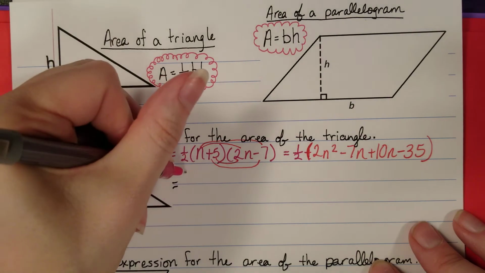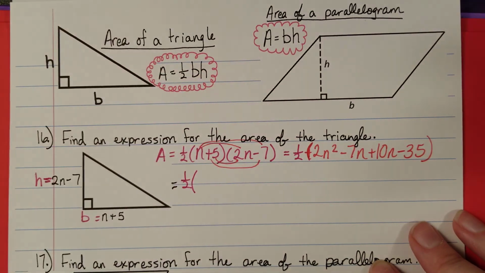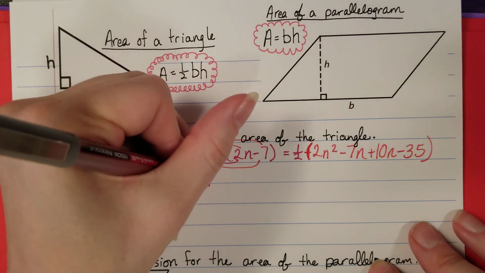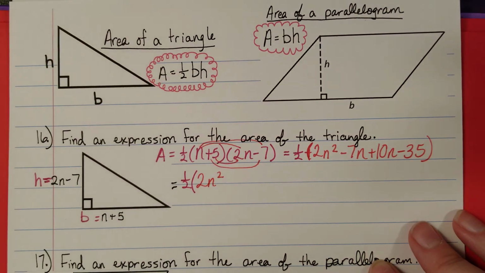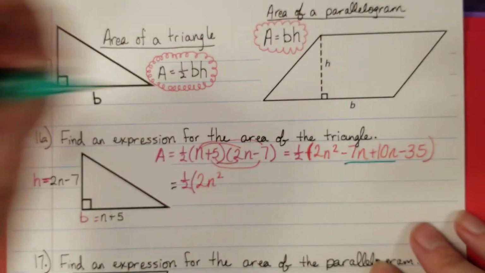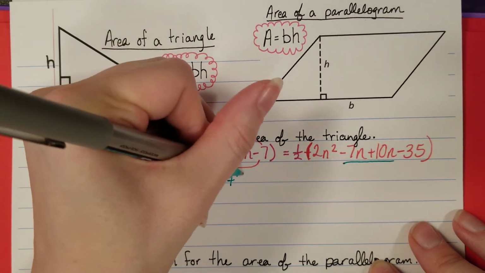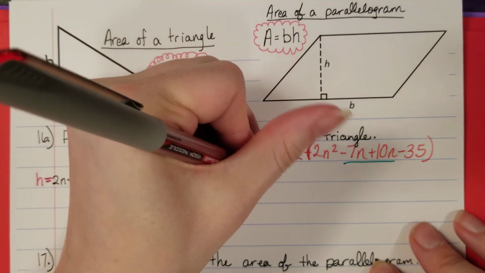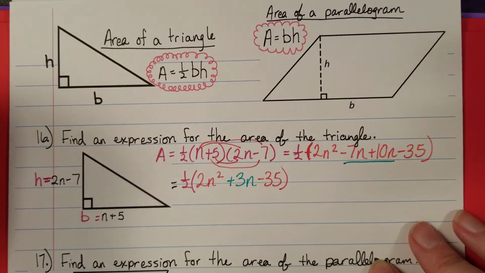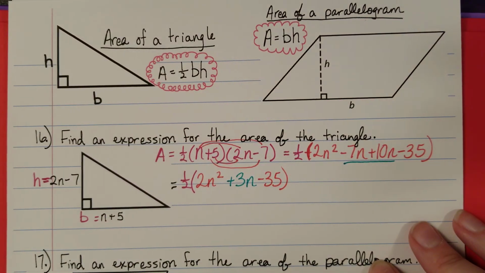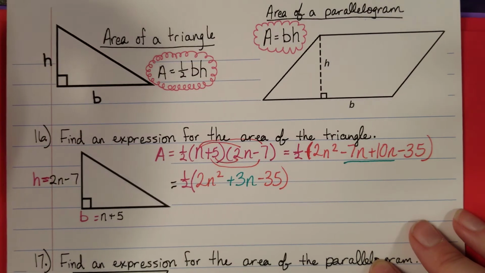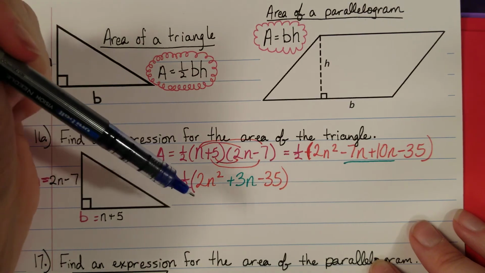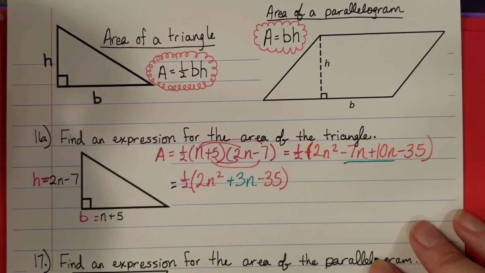So we still have the 1/2 in the front, still have the 2n squared. We need to combine negative 7n plus 10n, which will be plus 3n, and bring down minus 35. All right, and then we're just going to distribute the 1/2. It's basically like you're just putting these all over 2.